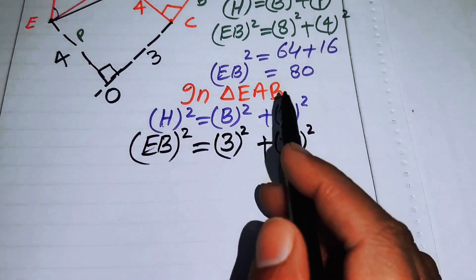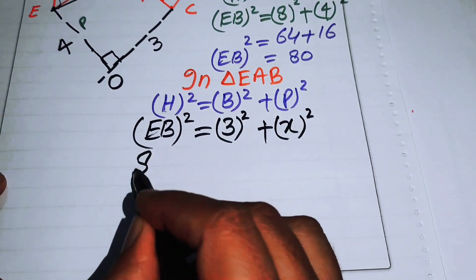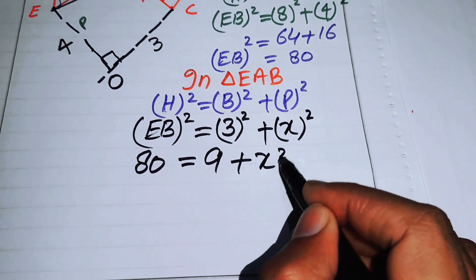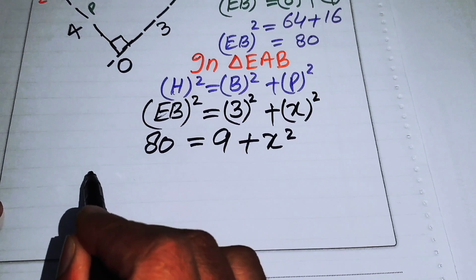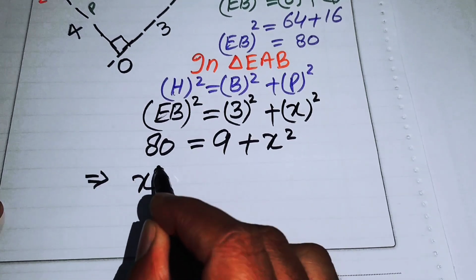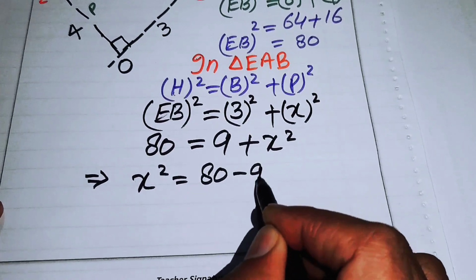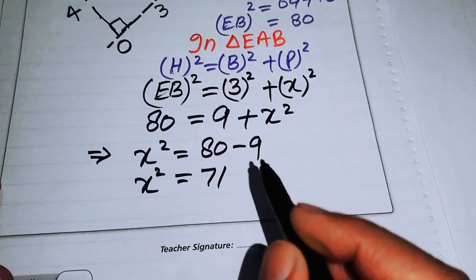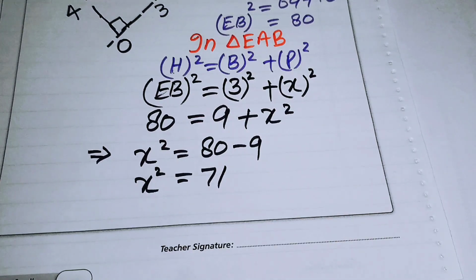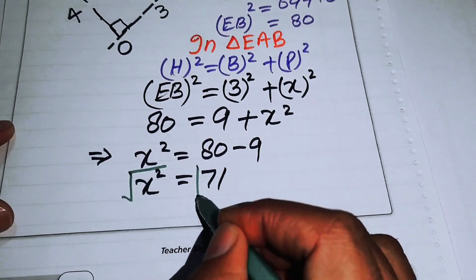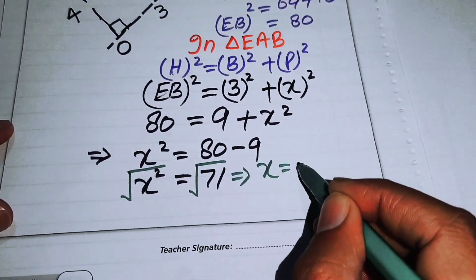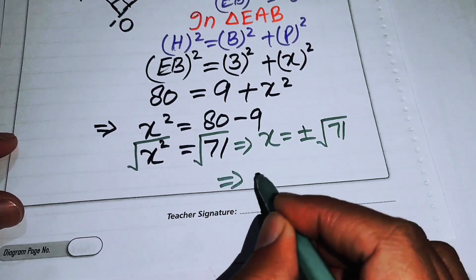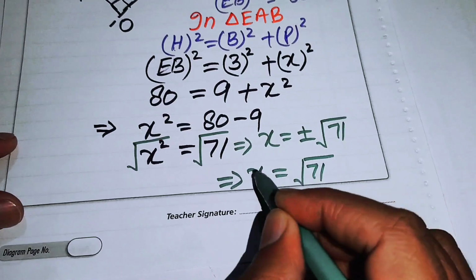Now we move the 9 to the left-hand side and get x square equals 80 minus 9, which is 71. Taking the square root on both sides, x equals plus or minus square root of 71, but we take x equals square root of 71.